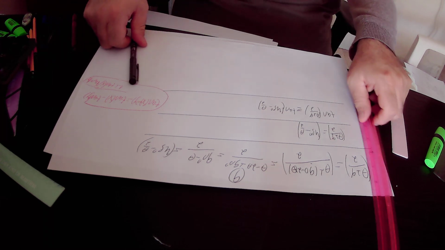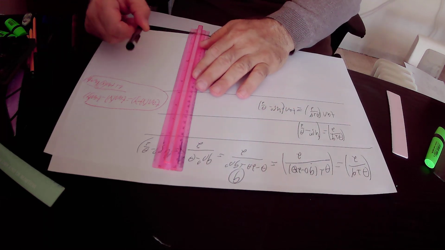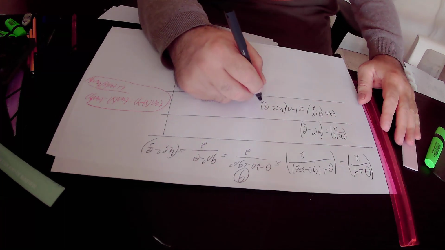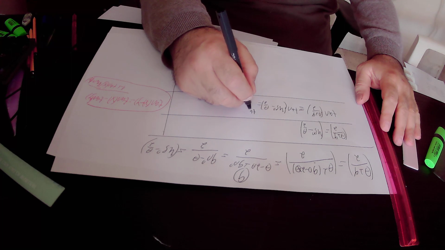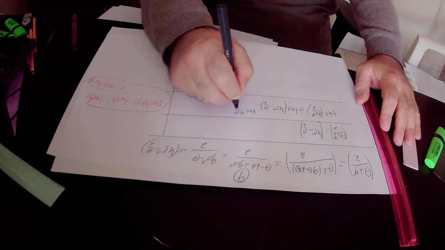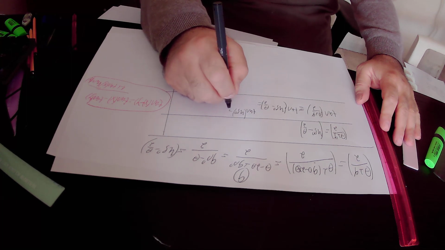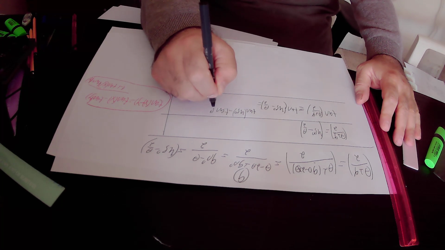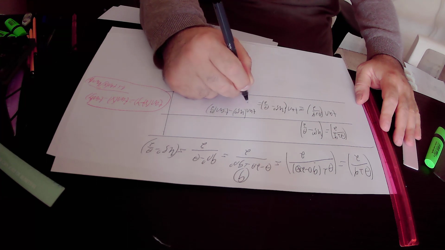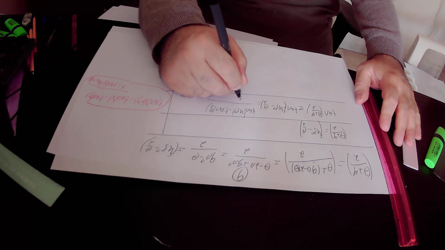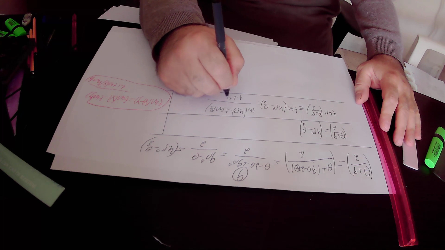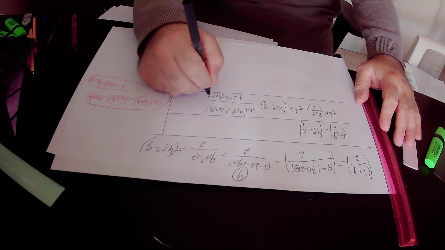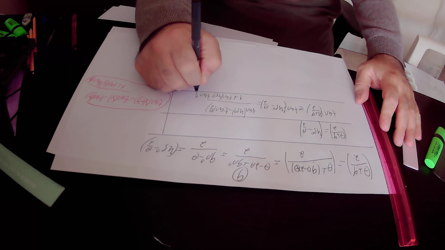According to this identity, the value of tangent (45 degrees minus theta over 2) will be equal to tangent 45 degrees minus tangent theta over 2, all divided by 1 plus tangent 45 degrees times tangent theta over 2.